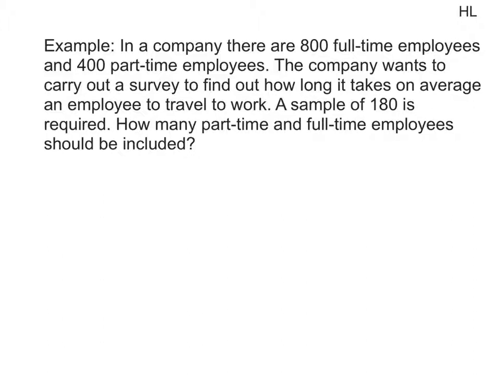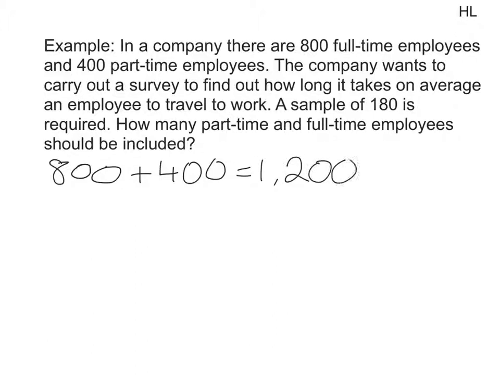The first thing we want to do is find out how many employees are in the company overall. So what we do is add the 800 full-time employees and the 400 part-time employees, and we get that the company has 1,200 employees. The next thing is to find out what proportion of the employees in the company are part-time.